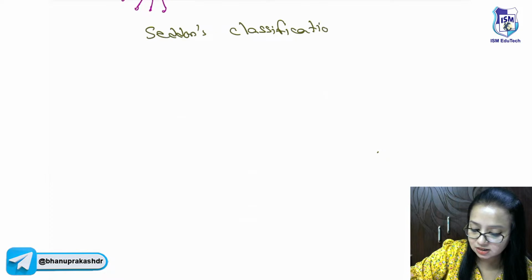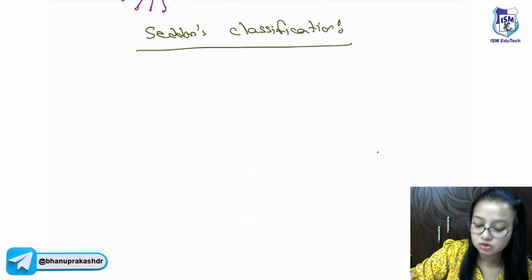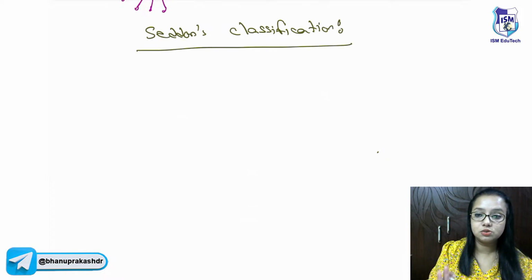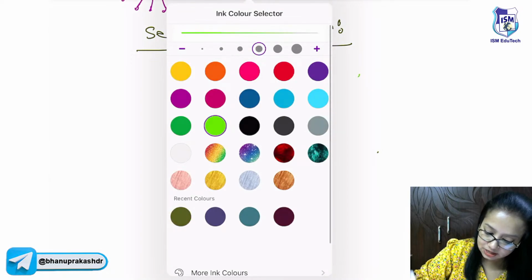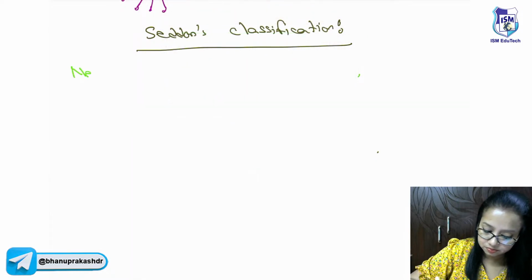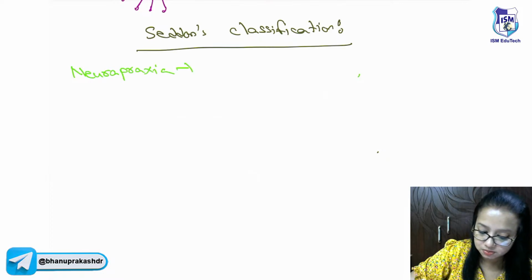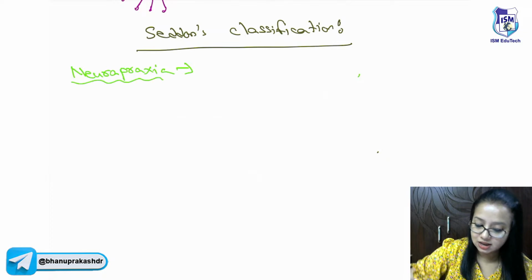So, Seddon classified the nerve injury into only three types. The first type is neuropraxia.